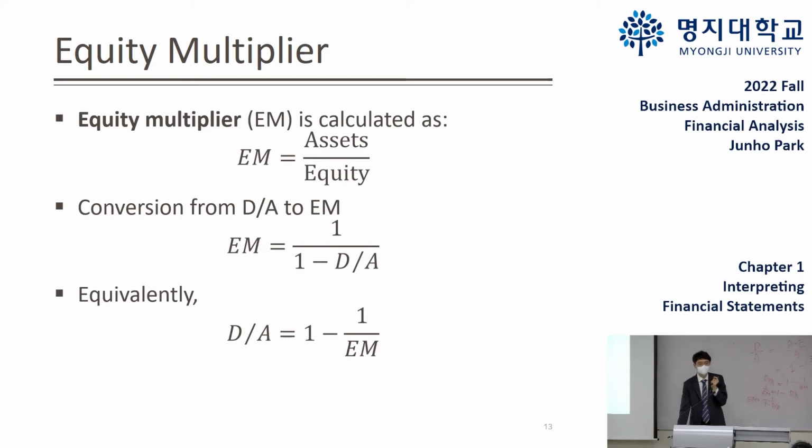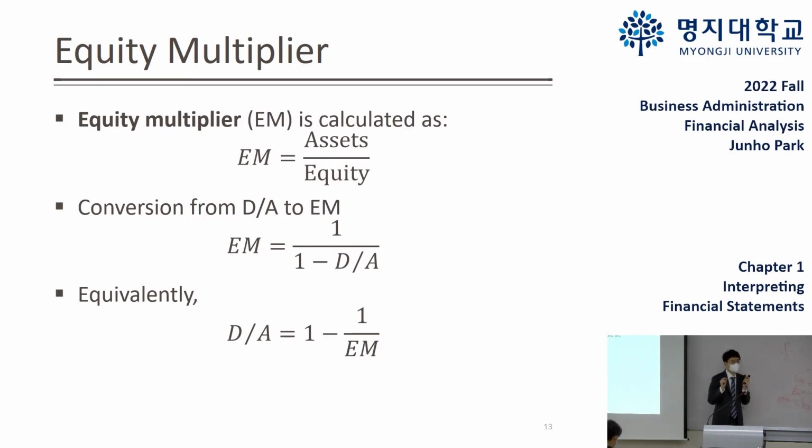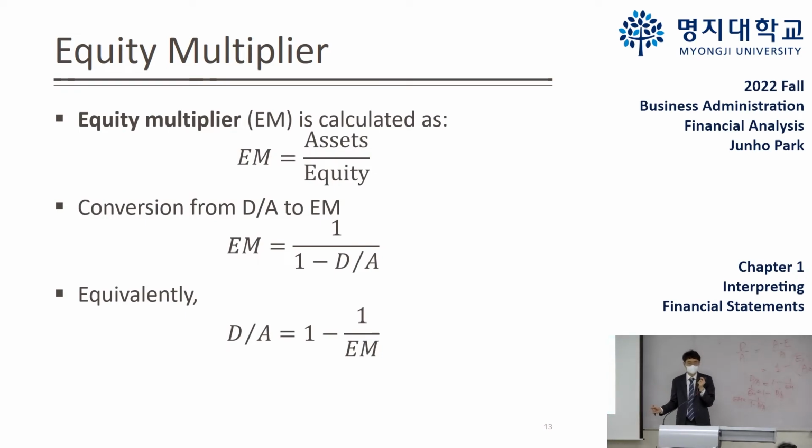Yes? For the debt to asset ratio, how high should it be for the company to be healthy? Oh, yeah, that's a very good question. So sometimes people ask whether this ratio is adequate or not, and actually, there is no answer.